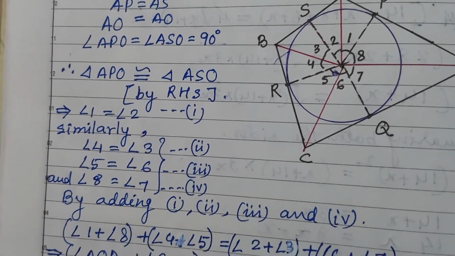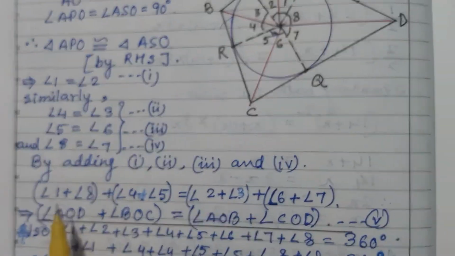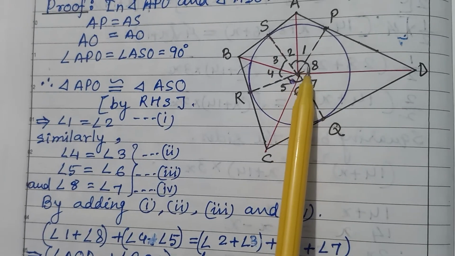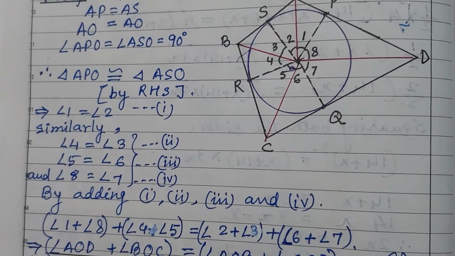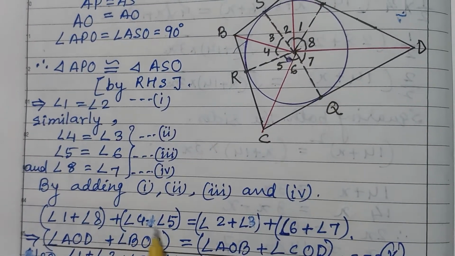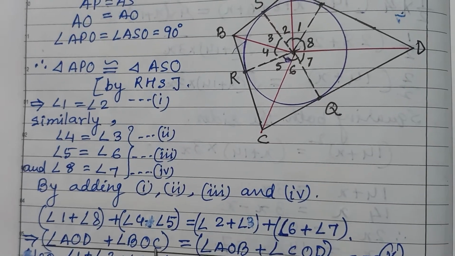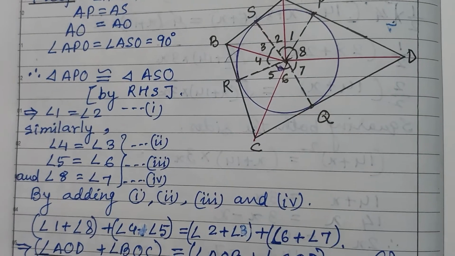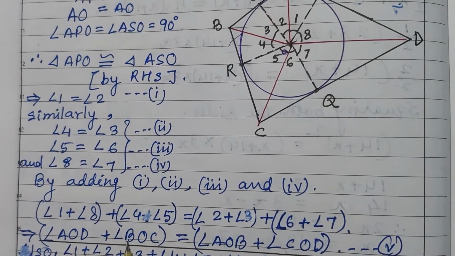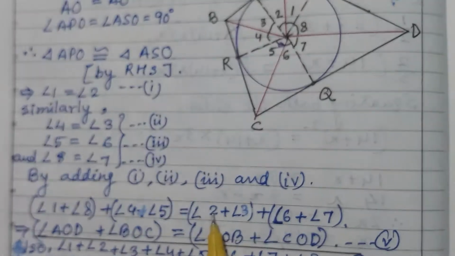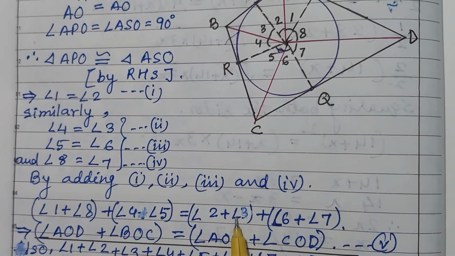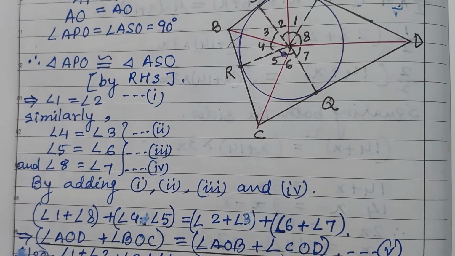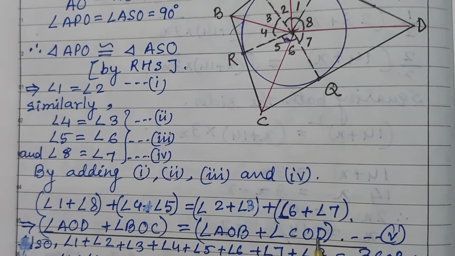When we add 1 plus 8 together, it is AOD, and 4 plus 5 is BOC. Together it is AOD plus BOC. And the same, angle 2 plus angle 3 together is AOB, angle 6 plus angle 7 is angle COD.